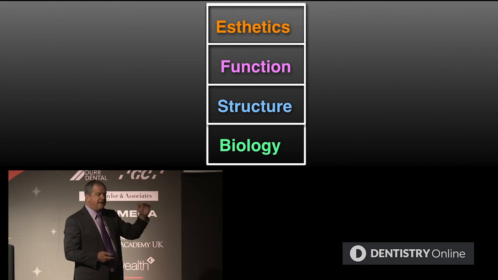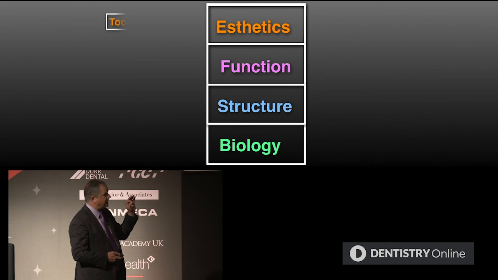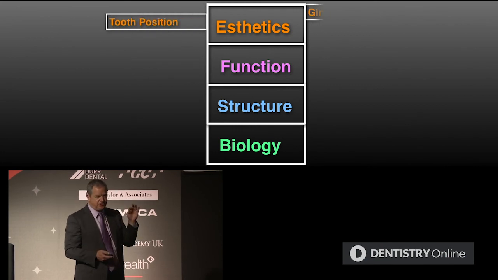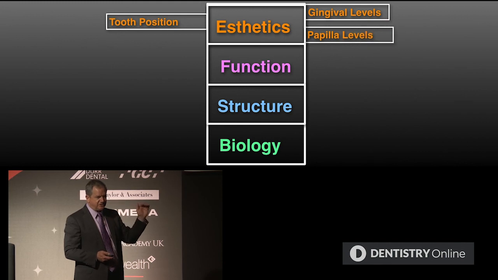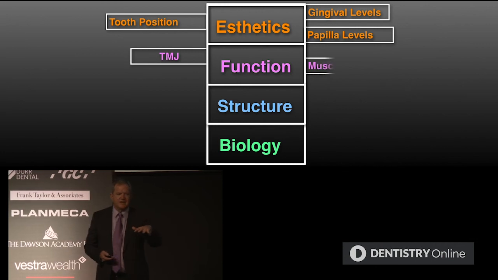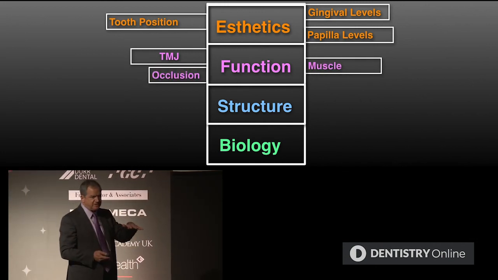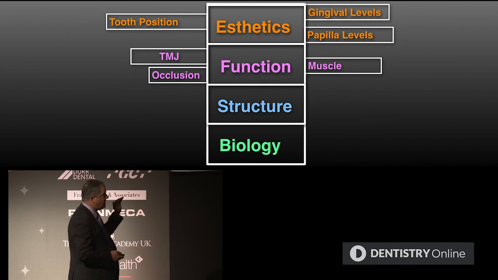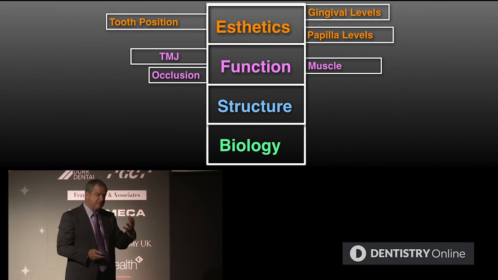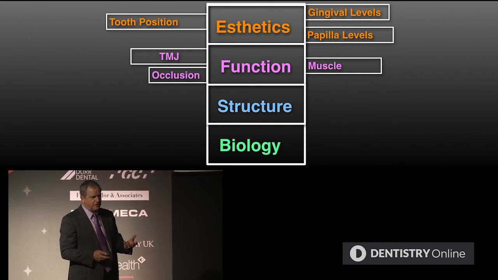But when we plan patients with complex problems, we have to plan tooth position, gingival levels, and papilla levels first in the maxillary arch. We have to establish what our target is for the maxillary arch. Once we establish that target, we can now do occlusion, because the maxillary arch tells us what we need to do to the mandibular teeth to make the occlusion work.